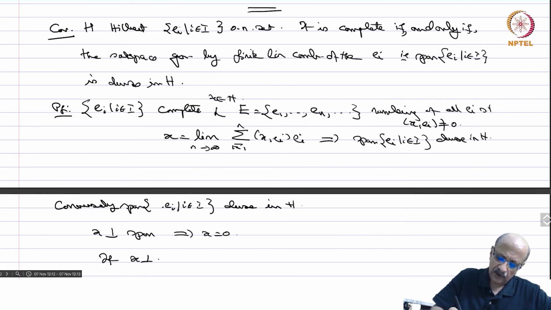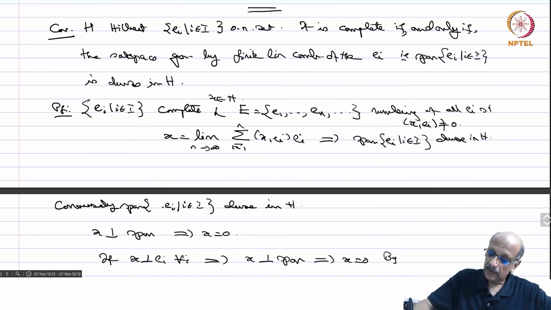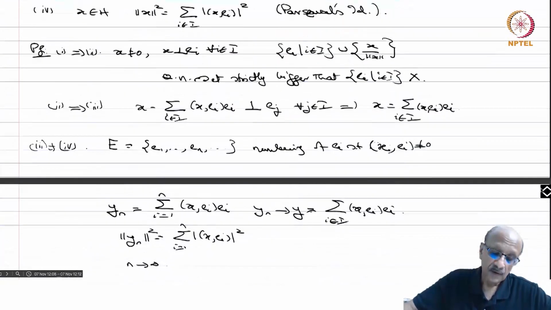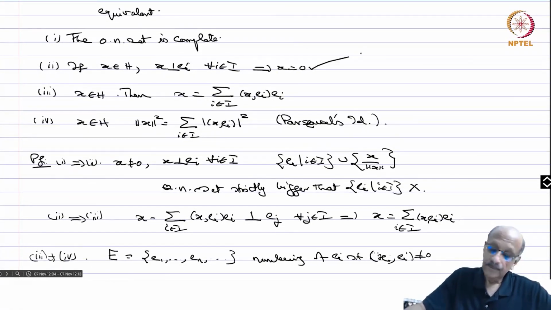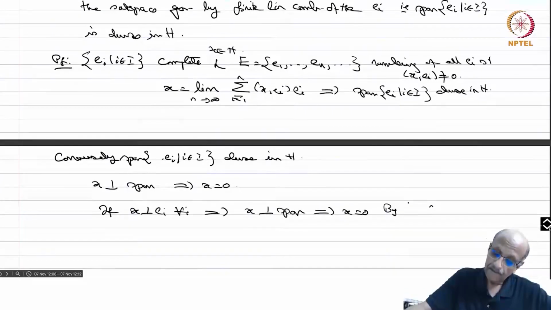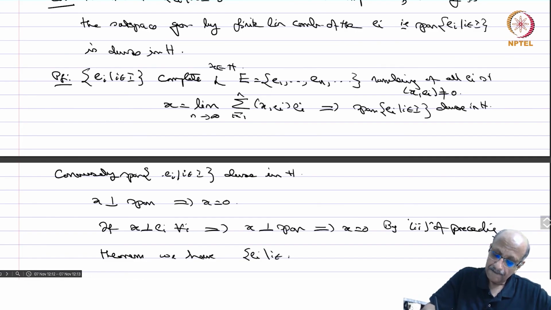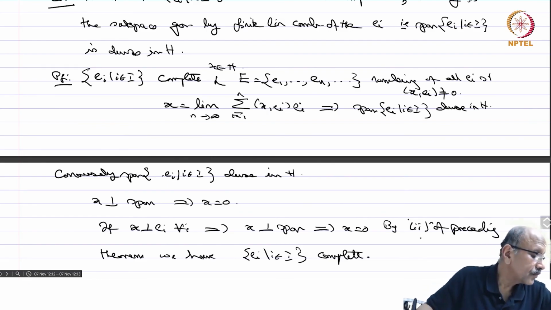Now if x is orthogonal to e_i for all i, then automatically x is orthogonal to the span of the e_i, and therefore x equal to 0, and therefore by 2 of the preceding theorem, we have e_i is complete. And therefore this is true.